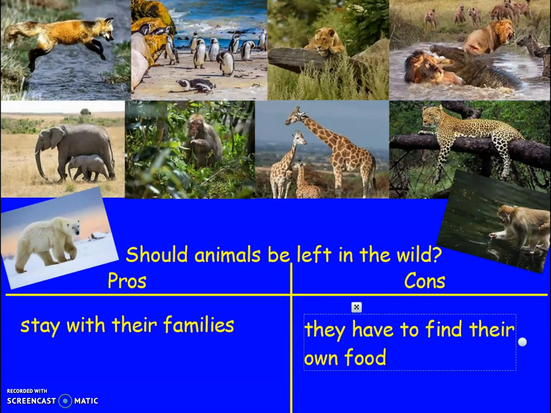Some animals will enjoy that, and that's part of their nature, hunting for food, just like these lions are doing here, okay? But in a zoo, the zookeepers would make sure that they were getting fed every day, healthy food, but in the wild, they would have to hunt for their own food.